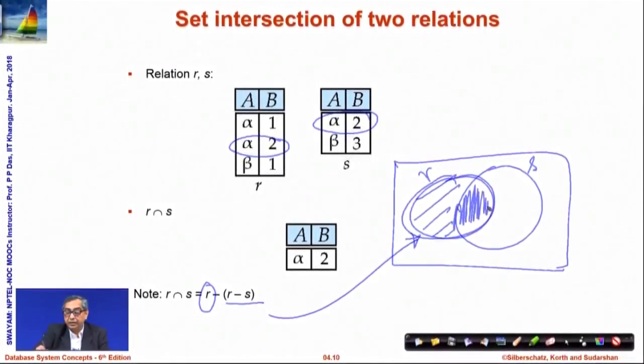This is what will be remaining. So, if I subtract R minus S from R, then what will remain is necessarily R intersection S. So, set intersection is not a fundamental operation of relational algebra, but can be used because it can be expressed in terms of set difference.